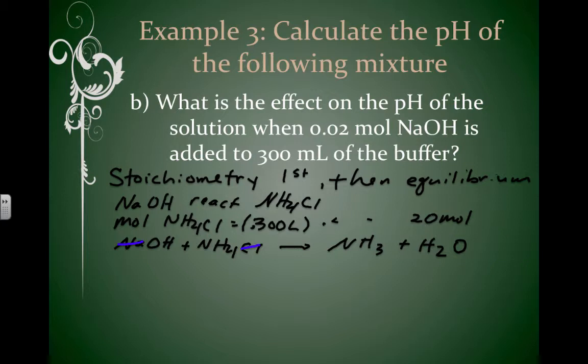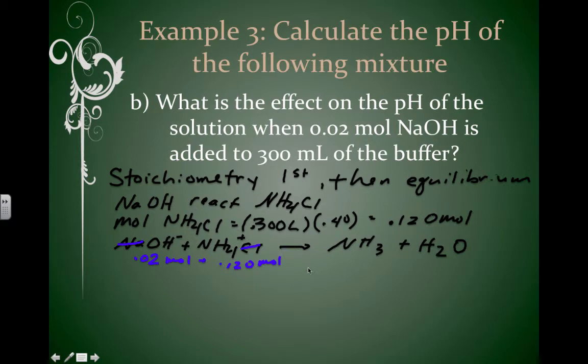So now we set up a new equilibrium with new amounts. So we've got sodium hydroxide in our solution, we've got ammonium, we have ammonia, and we have water. Okay, so we had 0.02 moles of sodium hydroxide reacting with 0.120 moles of ammonium chloride. So which one is the limiting reagent?